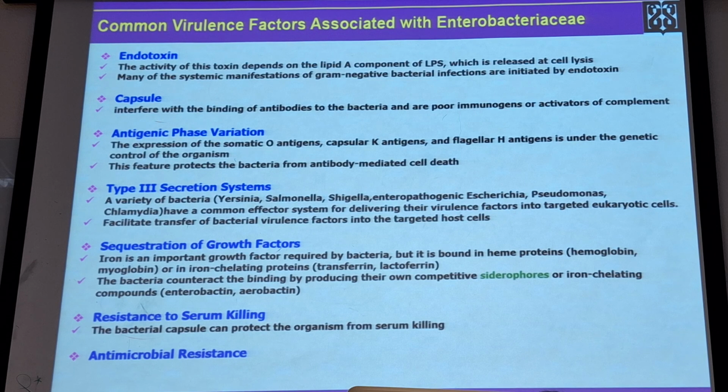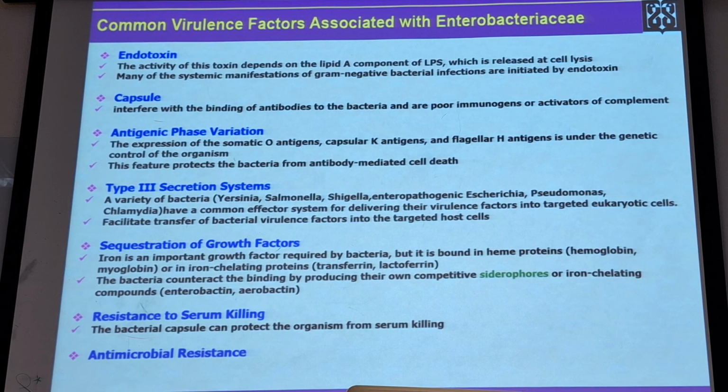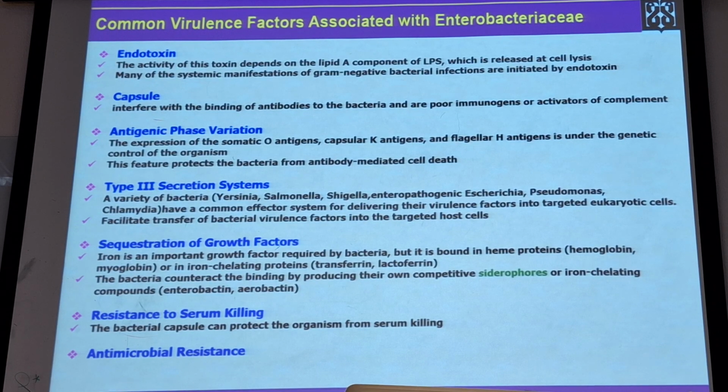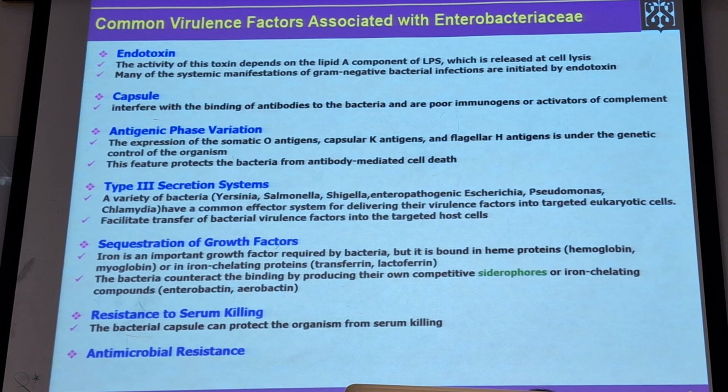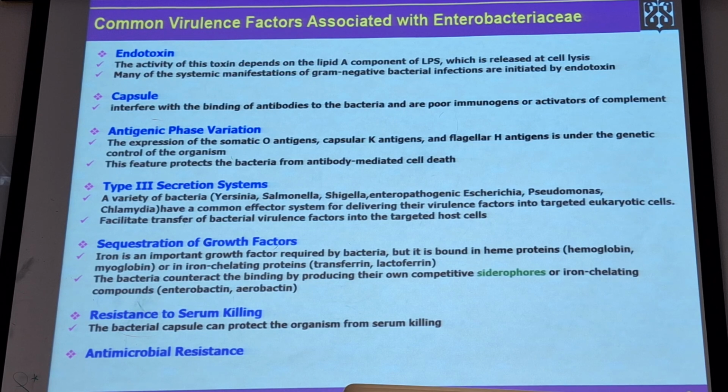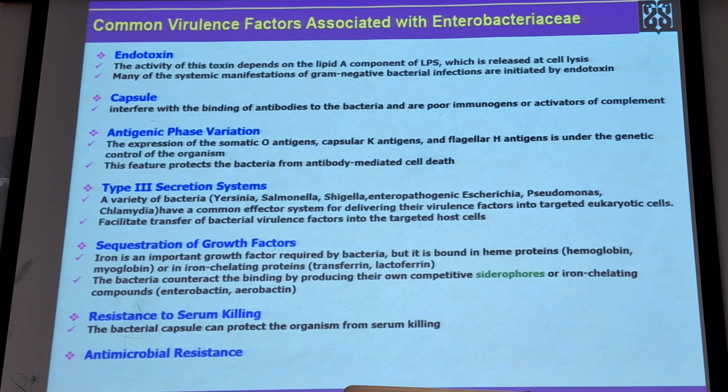Antigenic phase variation: expression of some antigens such as the H antigen, O antigen, and K antigen is under the genetic control of the organism. These features protect the bacteria from antibody-mediated cell death.